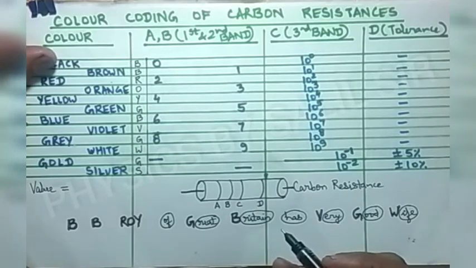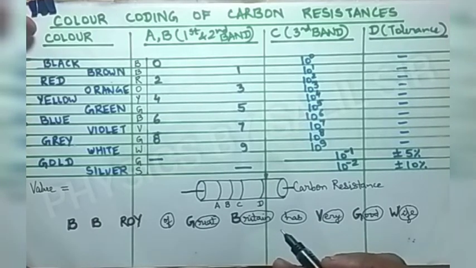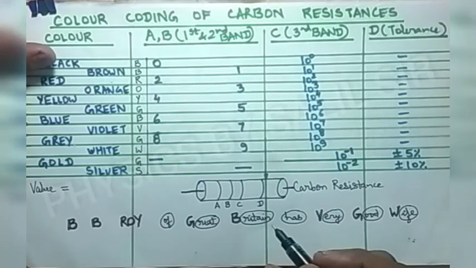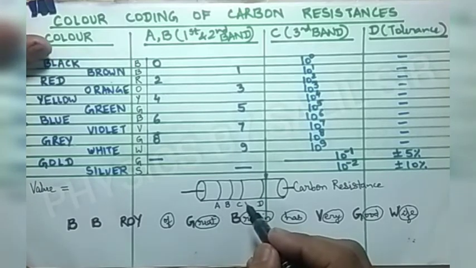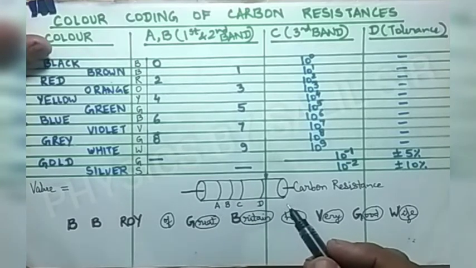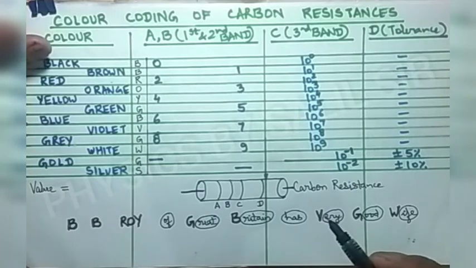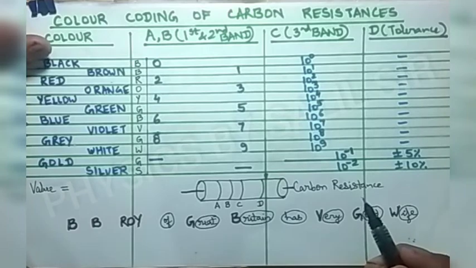According to the standard set by the International System of Units, every color has its unique number, and based on that number we are able to find out the value of the carbon resistance.